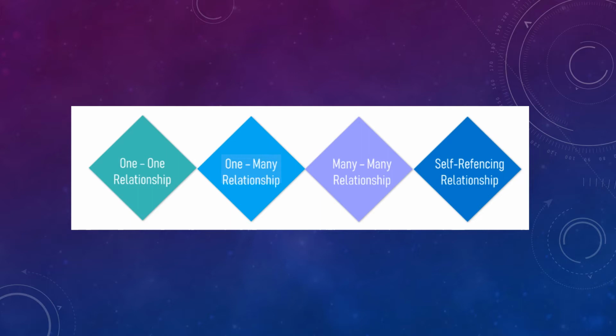Similarly, a one-to-many relationship is when a single row in table A is related to many rows in table B. By that I mean that one unique record from table A can be related to n number of records in table B. Coming to the many-to-many relationship, it is when many rows in table A can be related to many rows in table B, and finally the self-referencing relationship is when records in a table A are related to the same table itself.